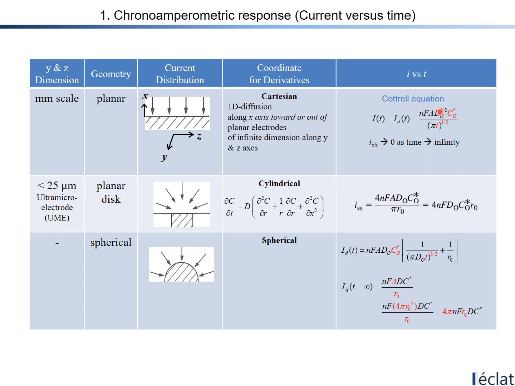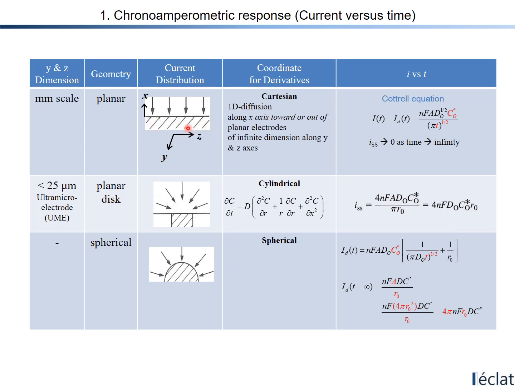You should recognize that the Cottrell equation is obtained for a system of one-dimensional diffusion along the x-axis toward or out of planar electrodes of infinite dimension along the y and z axes. So please imagine a big plate electrode.